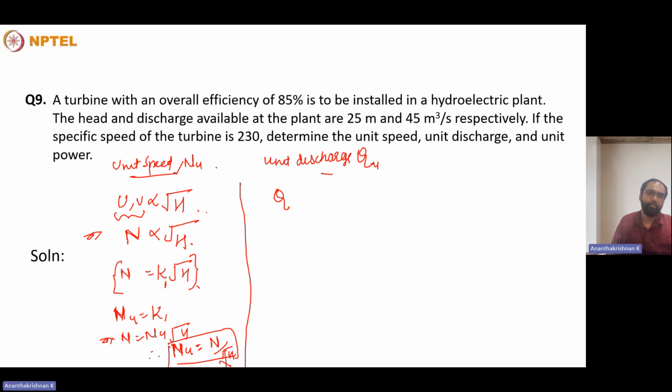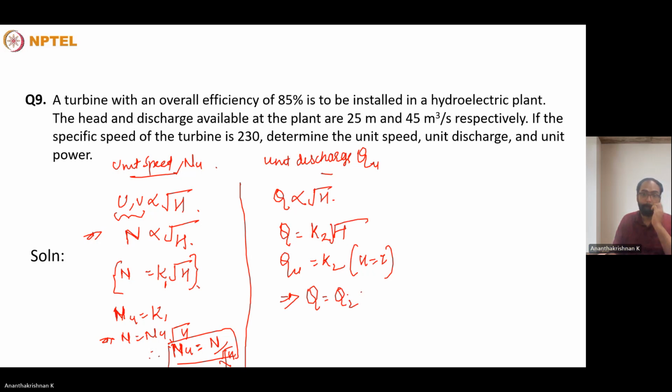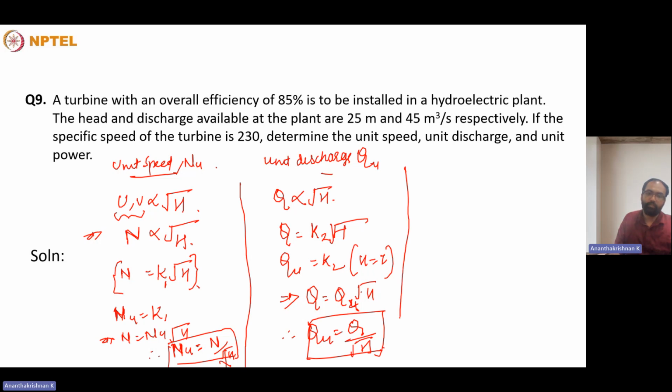Velocity can be represented in terms of root of H. So Q itself can be written in terms of root of H. Applying the proportionality constant, Q is equal to K2 root of H. The unit discharge is equal to K2, corresponding to H equal to 1. Substituting it back, we can write Q is equal to Qu into root of H. Therefore, Qu can be written as Q divided by root of H.